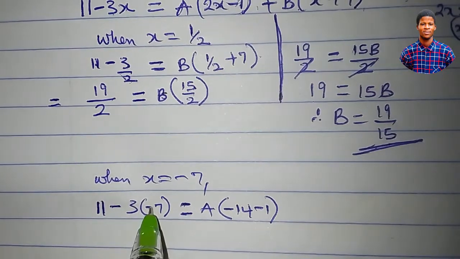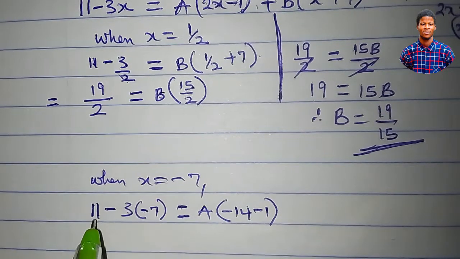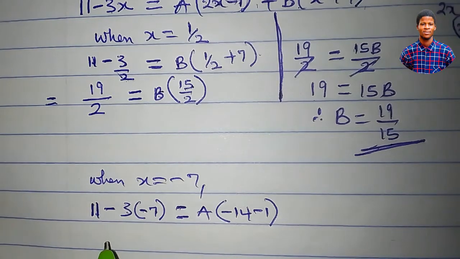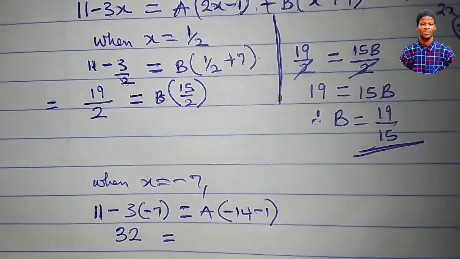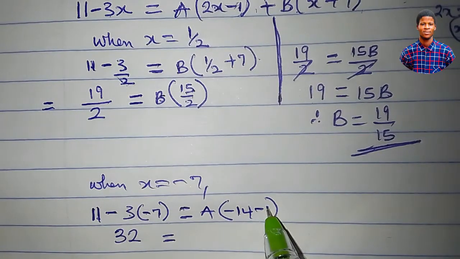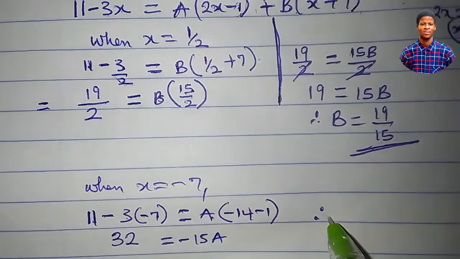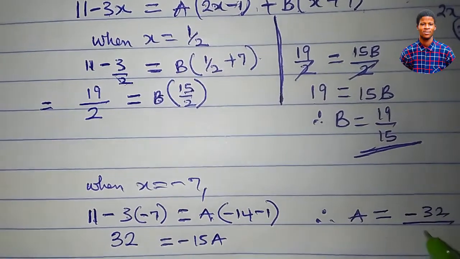Minus minus is a plus. 3 times 7 is 21. So this is 11 plus 21, and 11 plus 21 is 32. 32 is equal to minus 14 minus 1, which is minus 15, times A, which is minus 15A. That is to say, A is equal to minus 32 all over 15.